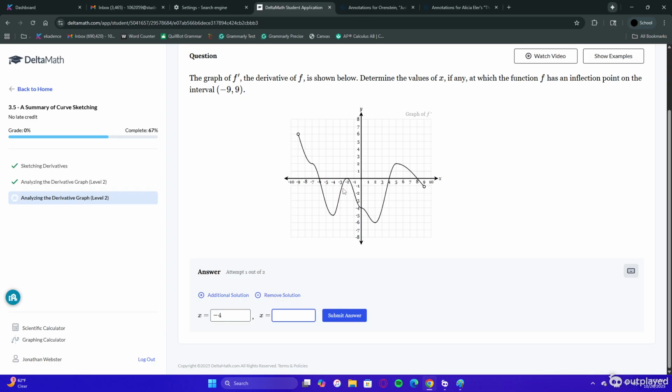And then at -2, it goes from increasing to decreasing, so that's another inflection point. And then at 0, there's no inflection point because it just goes from decreasing to decreasing. And then at 2, it's going to be decreasing, increasing. And then at 5, it goes increasing, decreasing.